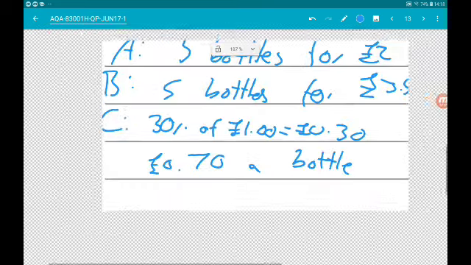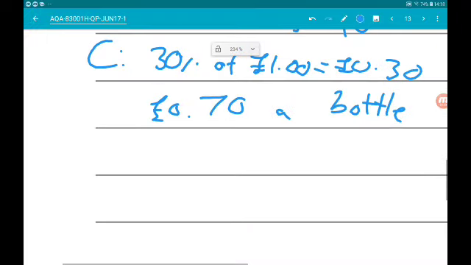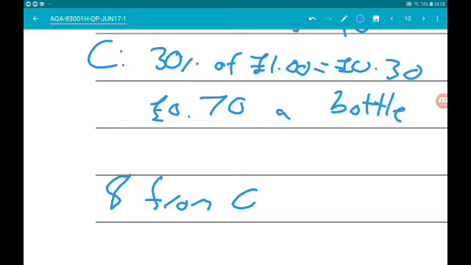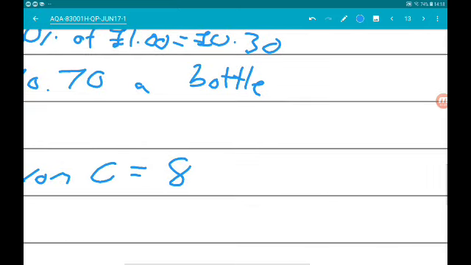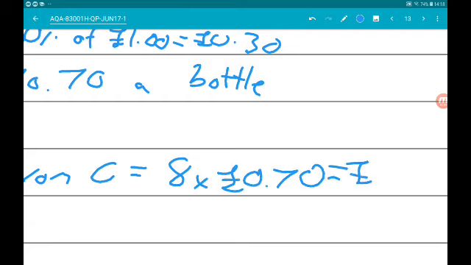Okay, so let's think about this. We could get 8 from C. That's going to cost 8 times 70p, that's going to be 560.